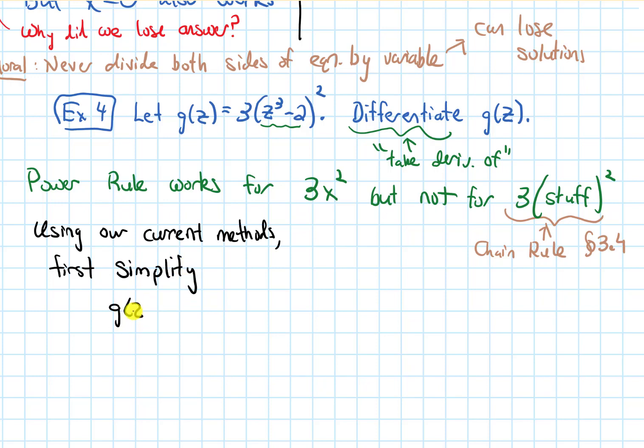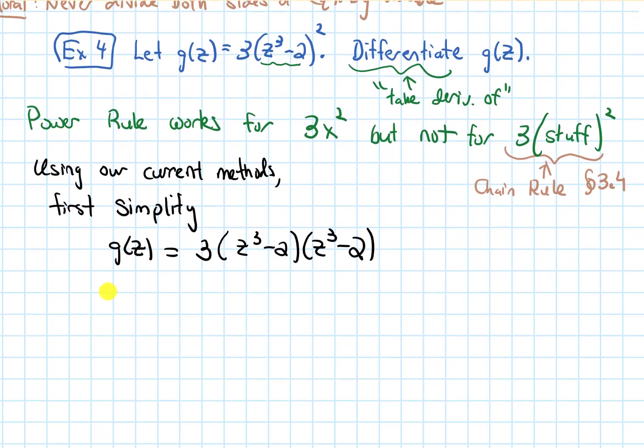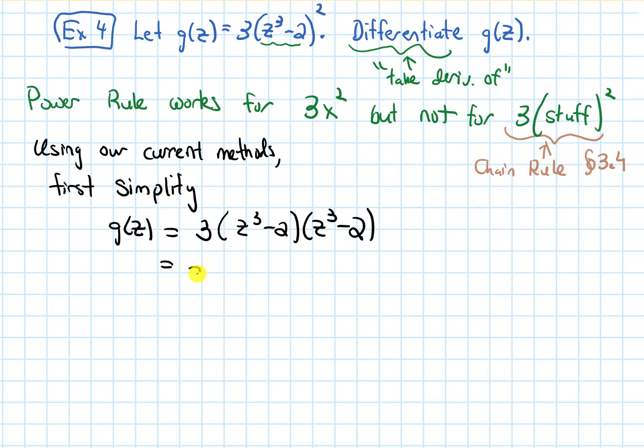So we have g of z equals 3, and then that z cubed minus 2 squared, that means z cubed minus 2 times z cubed minus 2. And now let's multiply it out. This is 3 times, if I distribute those terms, I'll get z to the 6th minus 4z cubed, and then plus 4. So we end up with this.